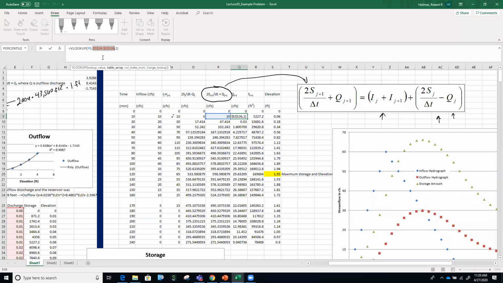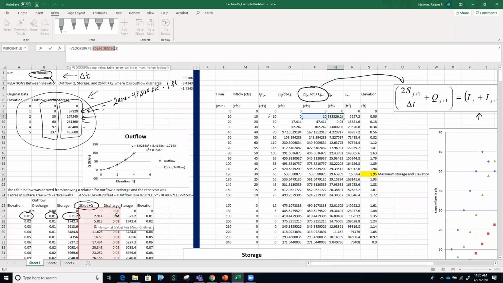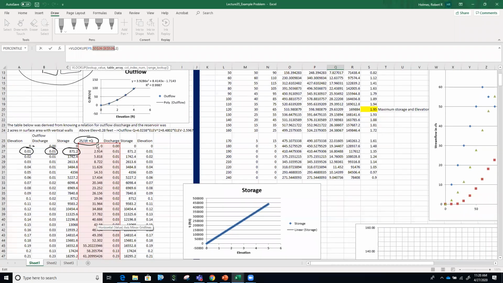And so that's absolute cell D26 through E26. You can see it highlighted here in red. That's the area we developed when I developed this storage outflow function versus discharge relationship.